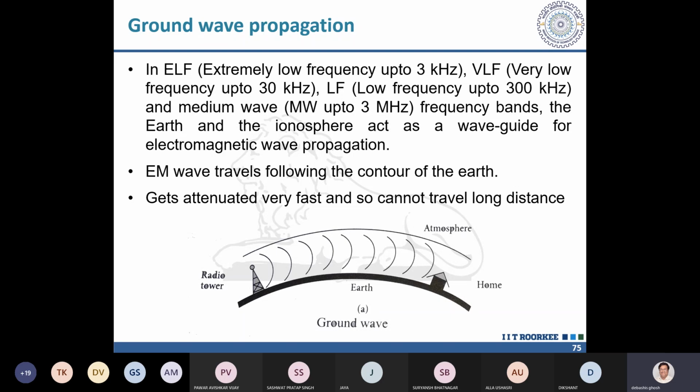We take this 3 because frequency times wavelength is equal to the speed of electromagnetic wave, approximately 3 times 10 to the power 8 meters per second. That is why we take the frequency range boundaries at 3 kilohertz, 30 kilohertz, 300 kilohertz.